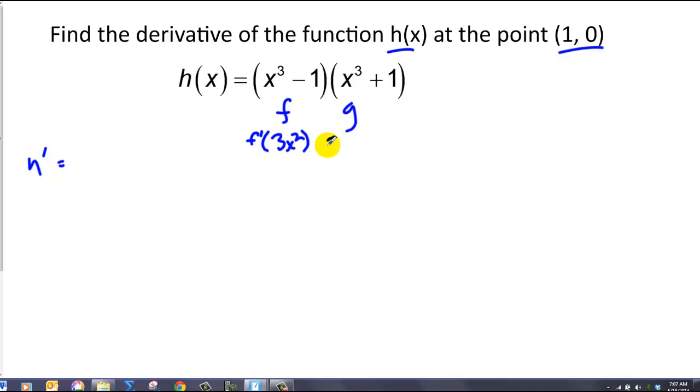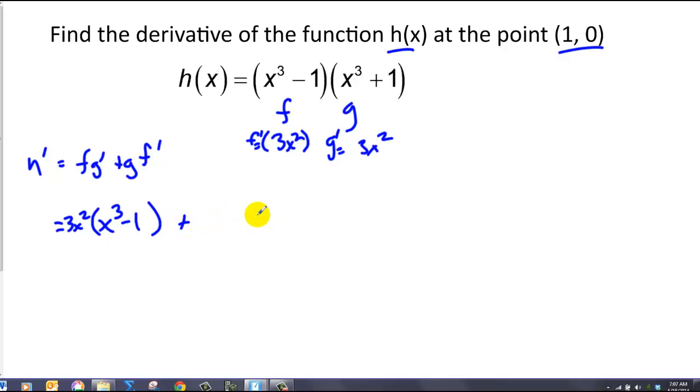Turns out g prime has the same value of 3x squared. So I'm going to once again take f g prime plus g f prime. F is x cubed minus 1. G prime is 3x squared. G is x cubed plus 1. F prime is 3x squared.